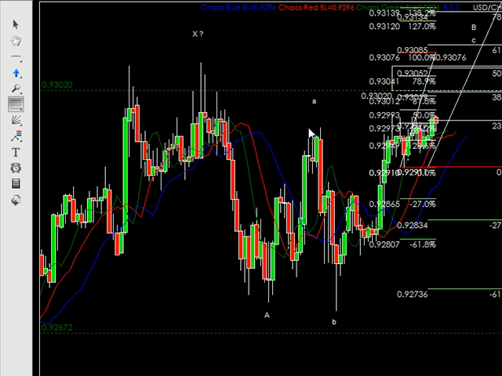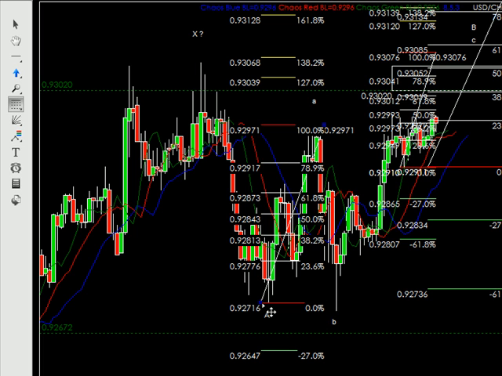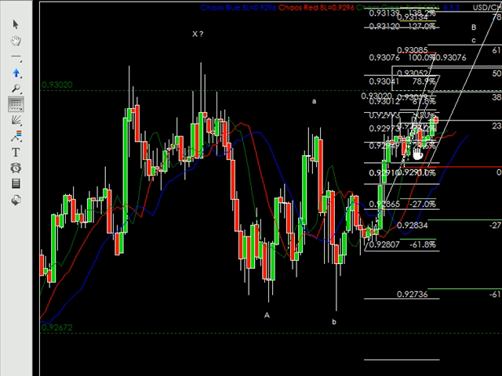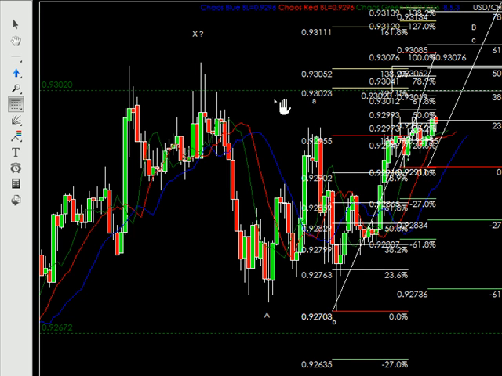Okay, now this being orthodox top means that this move A, B, C would in fact be close to an expanded flat. And the relationship of expanded flat from its wave A should be an extension, right?